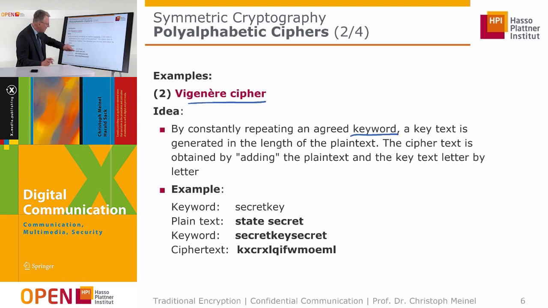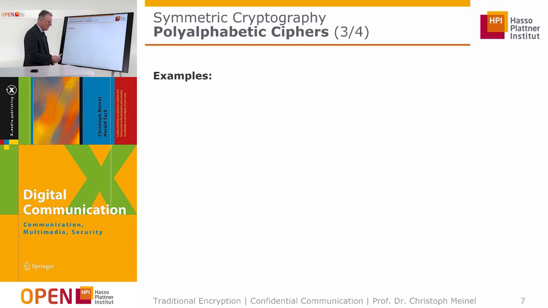That means we shift the letter S by the position of S in the alphabet. And then we shift the letter T by the position of the letter E in the keyword. And then we shift A by the position of C. And in this way we get this ciphertext, and this is quite an interesting encryption method. It's simple to perform, but difficult to attack.